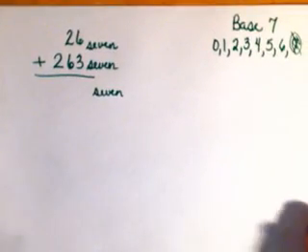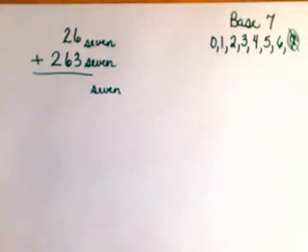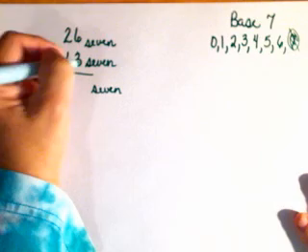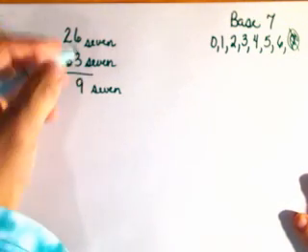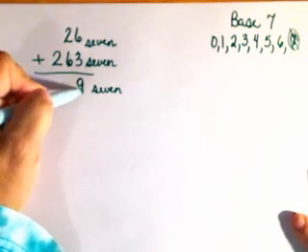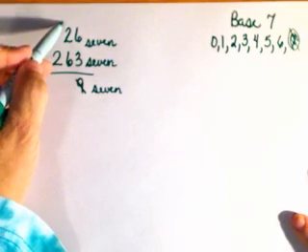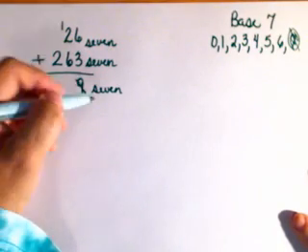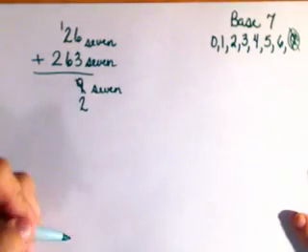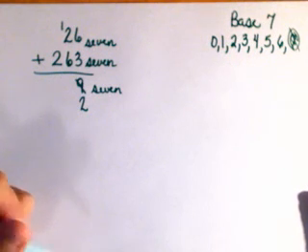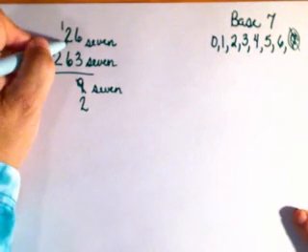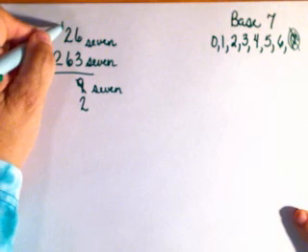Now remember, we carry anything that's 7 or more now. Alright, so 6 plus 3 is 9. Can't do it. 9 is 7 plus 2, so we carry that 7 along and leave the 2 because there's 2 that won't go. Then I have 6 plus 2 is 8 plus 1 is 9.